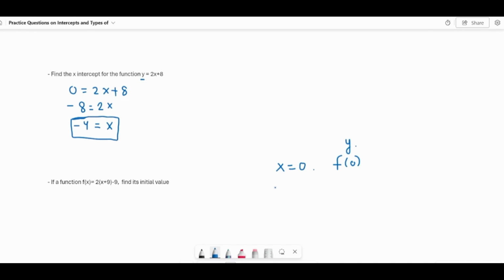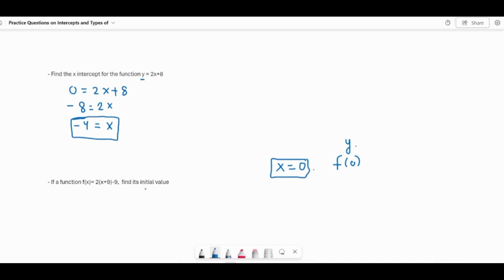So what will you do to find the initial value? You will take your input to be 0 and you will see corresponding to x equal to 0, what is your output? That is the definition of initial value. But if you see carefully, then y-intercept is the same thing, right? Y-intercept is the point where your x coordinate is always 0.